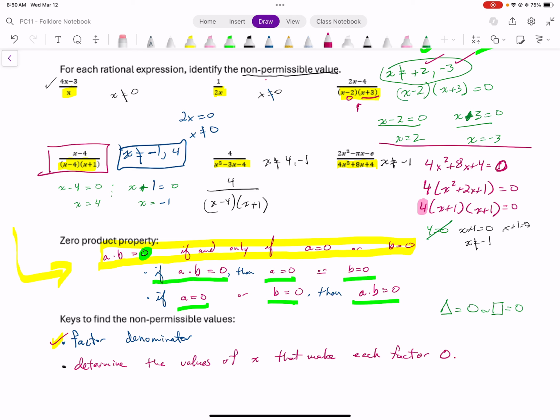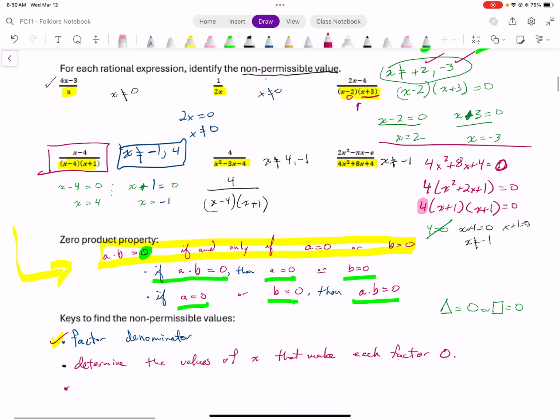That's what I've been doing all along. So I take a factor and I ask myself, what value of x makes this 0? And then the third one is exclude this x value.